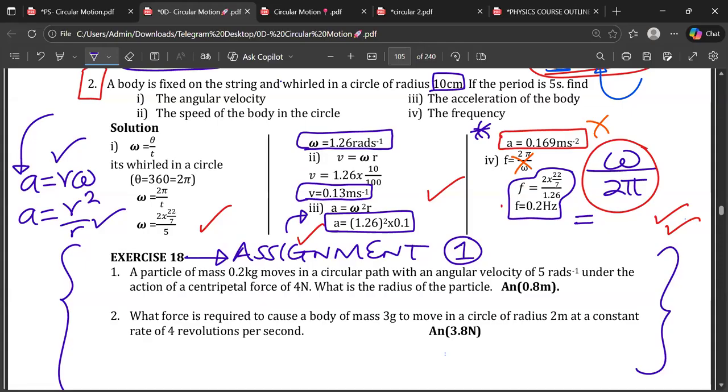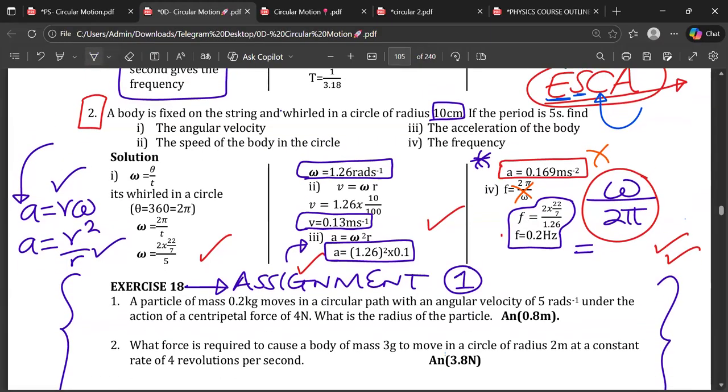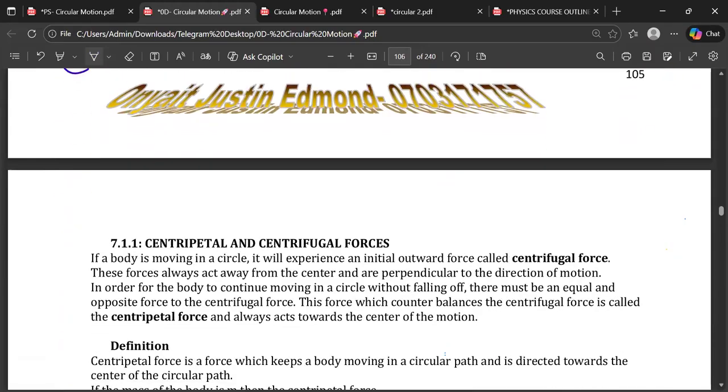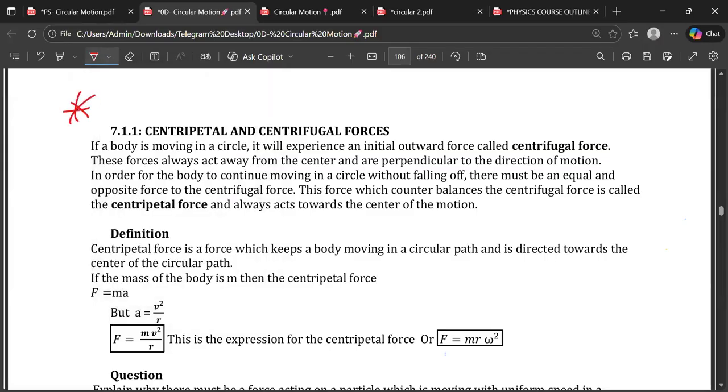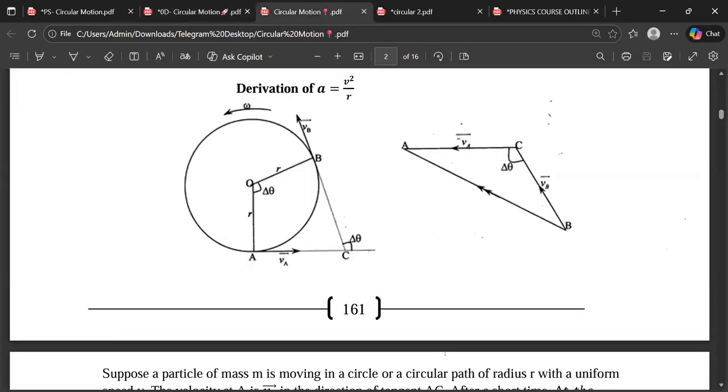Hope you understand. Okay. Now, before we go through this work, let's first see where exactly. I think here.